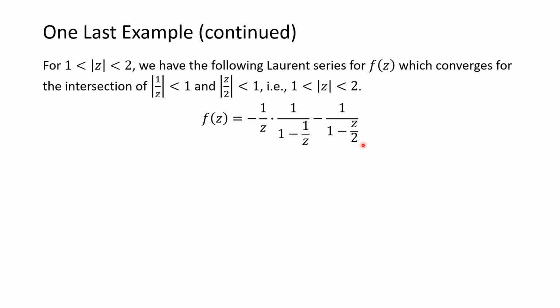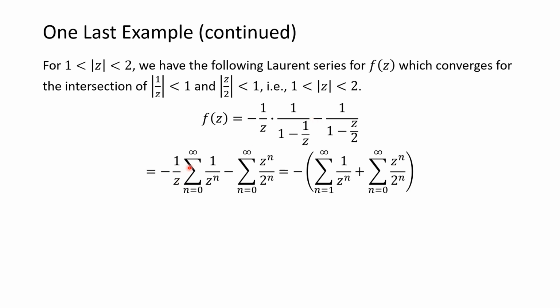And then the second one converges when the modulus of z over 2 is less than 1. So collectively, these two conditions imply that the modulus of z is greater than 1 and less than 2. You have convergence there. And this is just rewriting our partial fraction from the previous slide.